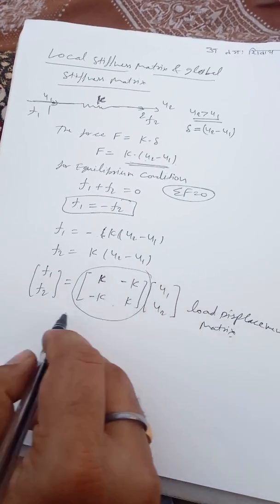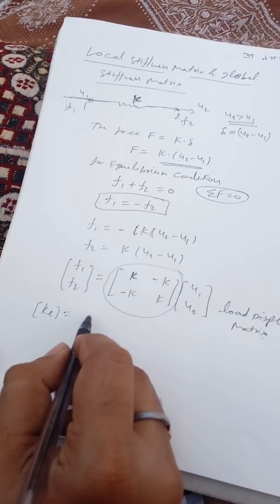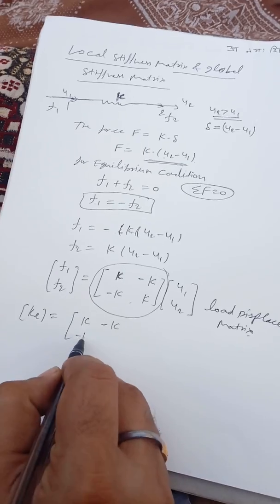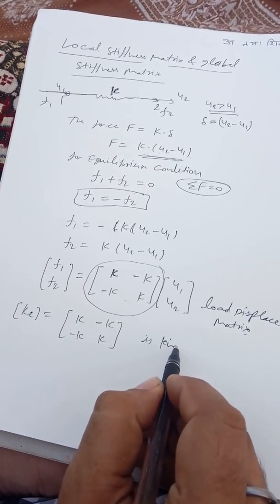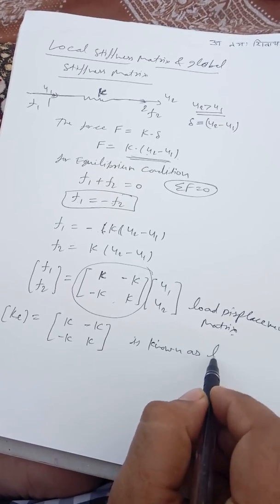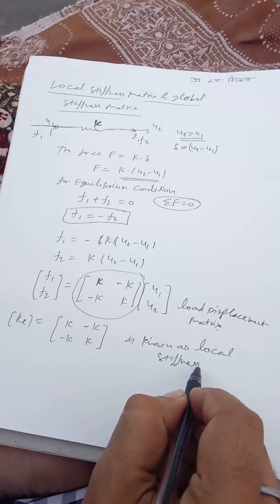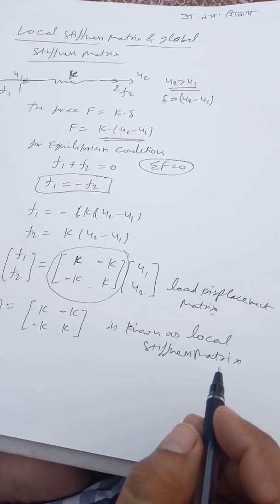And this stiffness matrix ke, equal to k, minus k, minus k and k, is known as the local stiffness matrix.